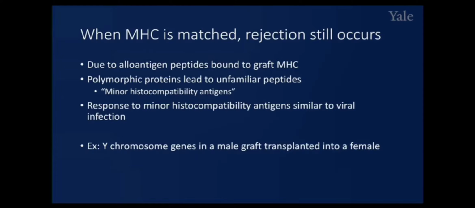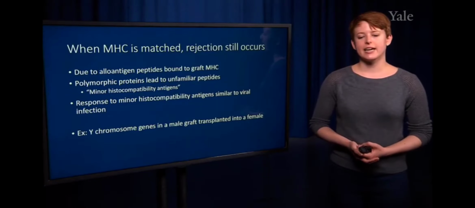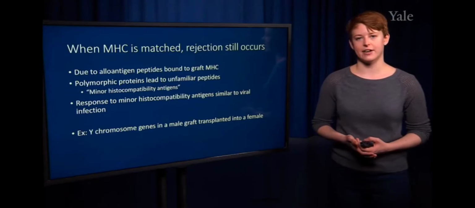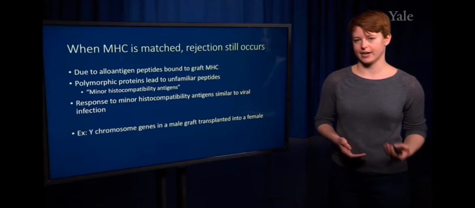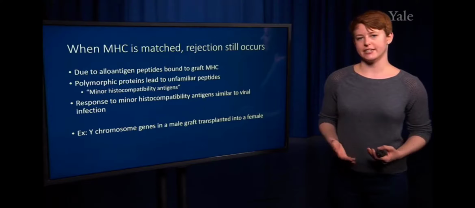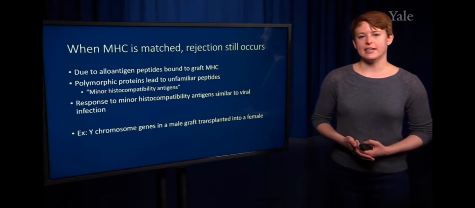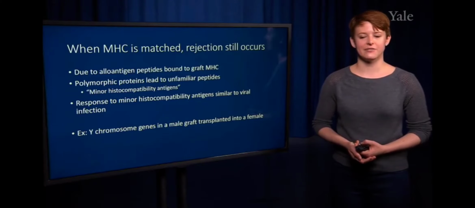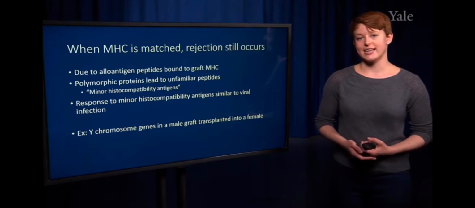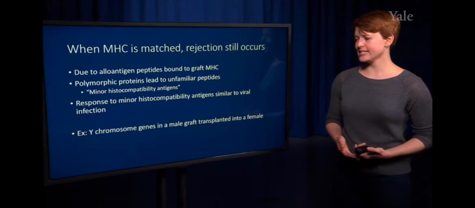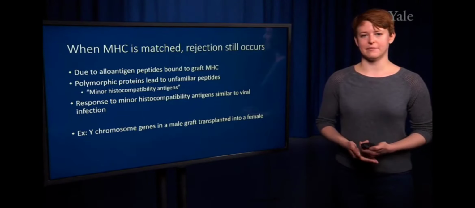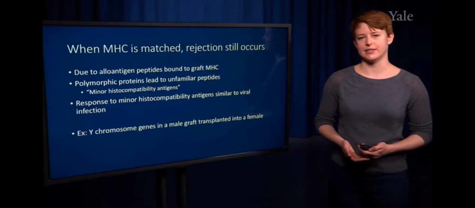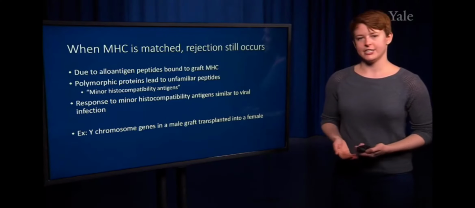So because males are XY and females are XX, if a graft from a male, or XY, is transplanted into a female, that female has never seen the antigens on the Y chromosome, and therefore they'll be recognized as non-self. And this is a female anti-male rejection response. However, it's due to these other alloantigenic peptides, not the MHC molecules.